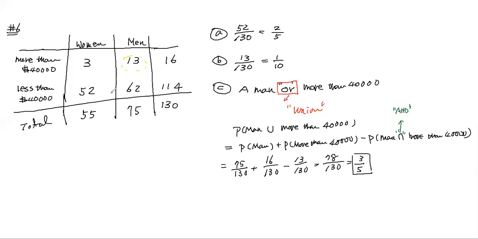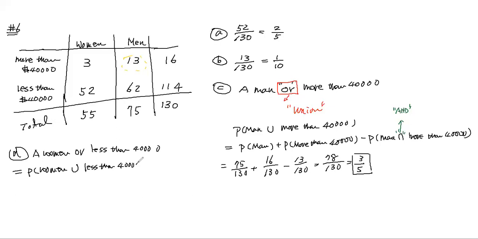Okay. So then part D here is a woman or less than 40,000. We use the same thing. That means this is the probability of a woman union less than 40,000.